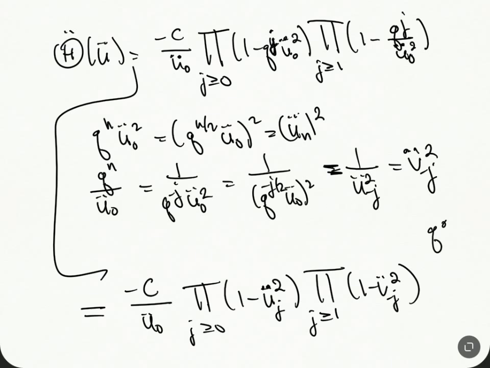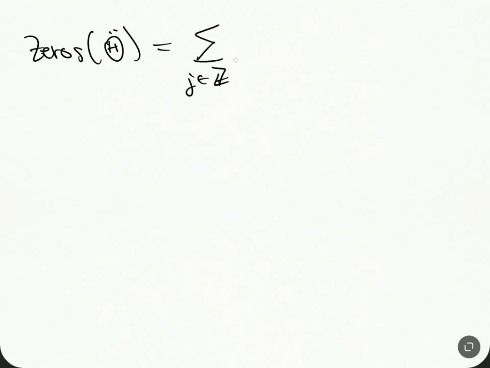And you can see that the zero locus of u dot dot, so the zeros, are exactly the sum for j in Z of q to the j squared over 2. So kind of the closures of these things.